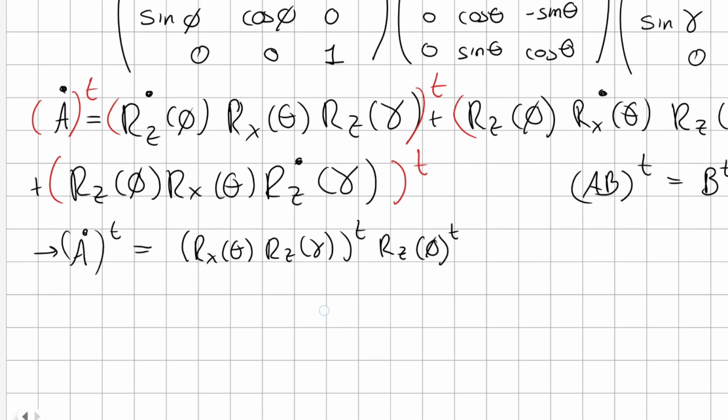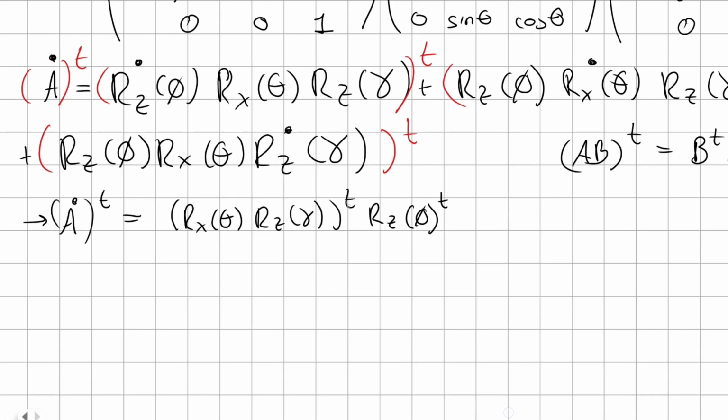And then we need to take the transpose again on this product, so we switch the order of the factors again. So we get here Rx theta and here RZ gamma, and then these two transposed, like this.